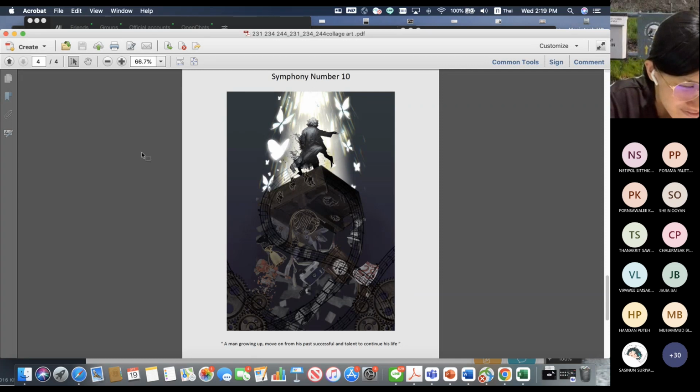Some of them have mushrooms growing on them, which represents that those objects and talents have become very old and have been abandoned, left alone for a very long time, and now they are being thrown away because the man is moving forward into the light, surrounded by butterflies, which represent moving on. As you can see, there is also a note scale that tries to bind him but fades away when it reaches him, which represents him already moving on, with nothing binding him anymore.